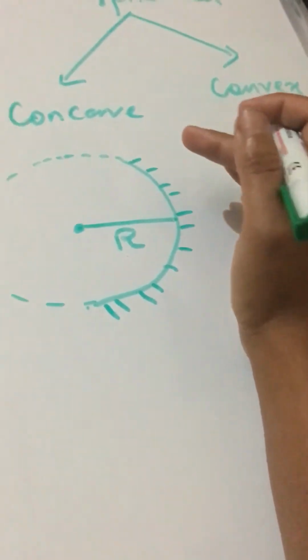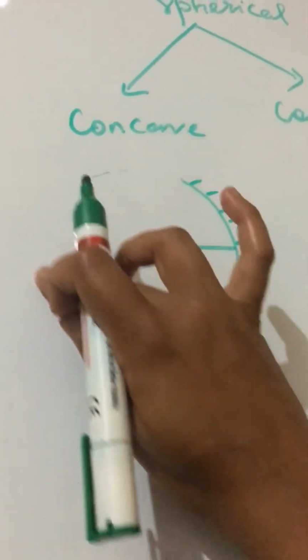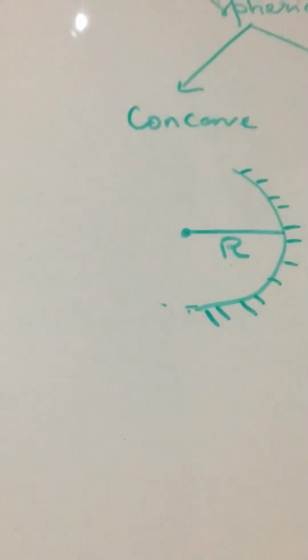Now if I remove it, this is a concave mirror.